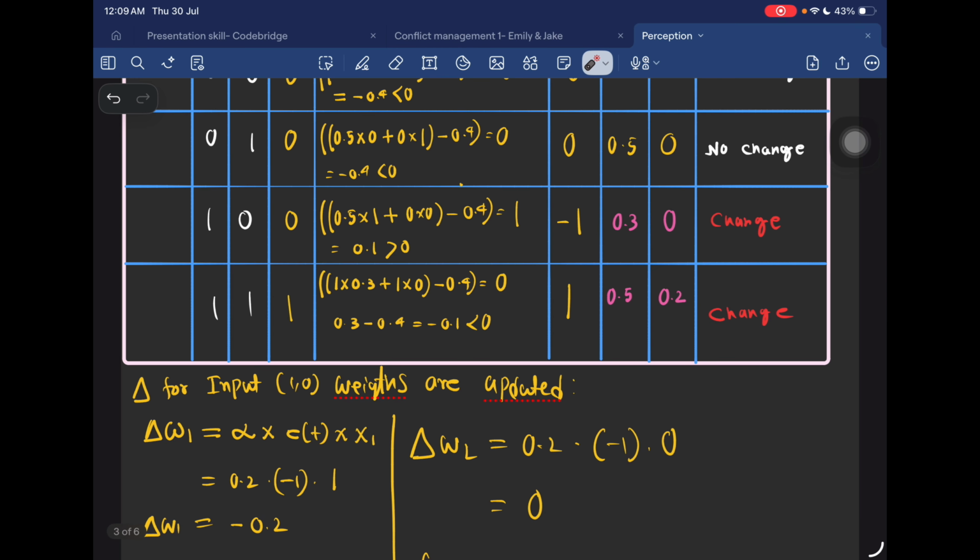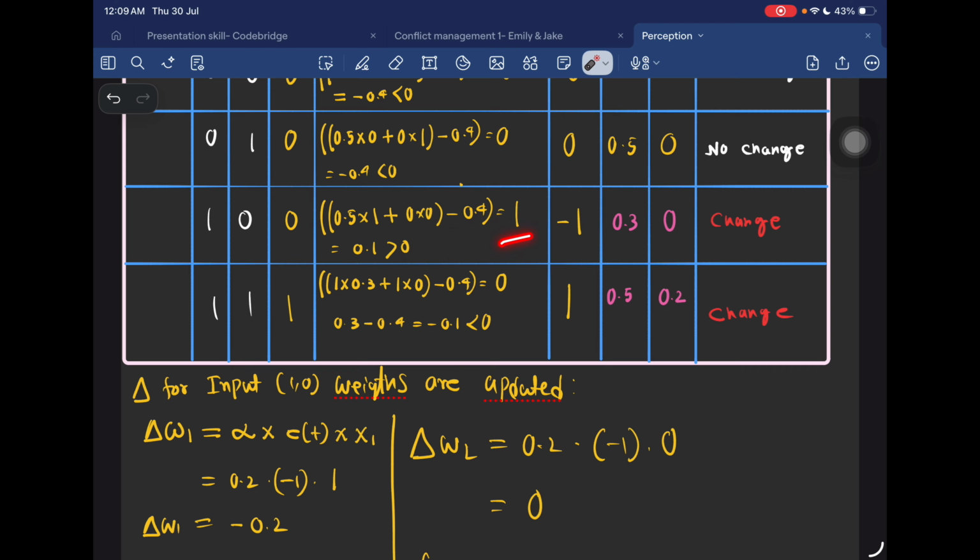Then our next feature is 1 and its corresponding weight is 0.5, plus our next feature 0 and its corresponding weight 0, minus 0.4, which is basically the bias, as I already said. When the activation function is applied, the value comes to 0.1, which is obviously greater than or equal to 0.